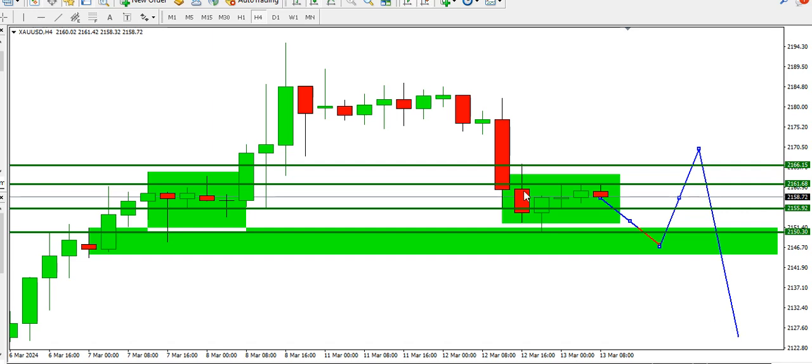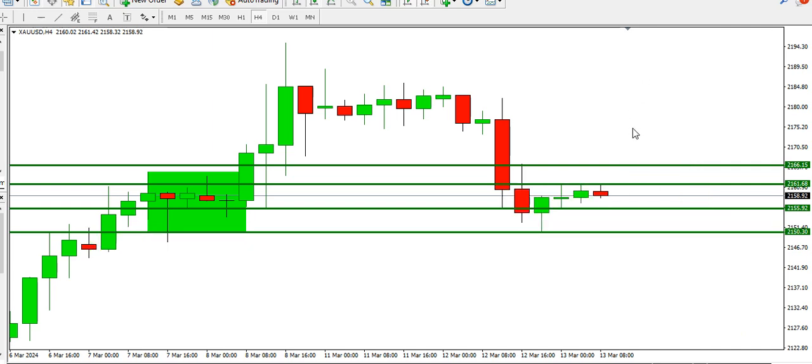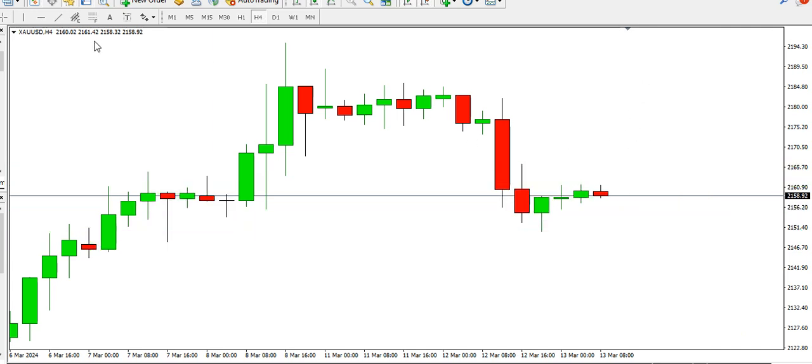All right, so that's that for the 4-hour time frame. It's quite tricky. We have a range here, another range here, so we might end up having a continuous range for some time.